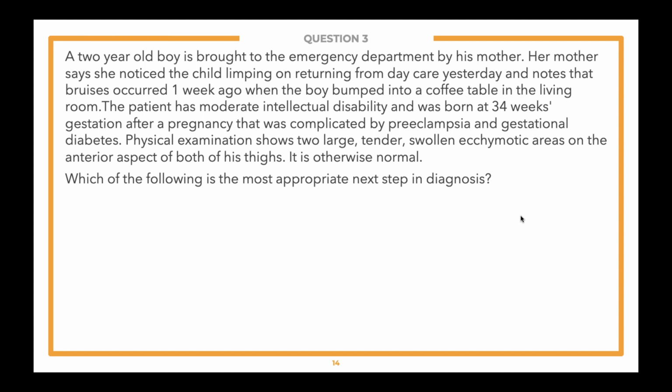The patient has moderate intellectual disability and was born at 34 weeks gestation after a pregnancy complicated by preeclampsia and gestational diabetes. Physical examination shows 2 large, tender, ecchymotic areas on the anterior aspect of both his thighs. It is otherwise normal. Which of the following is the most appropriate next step in diagnosis?